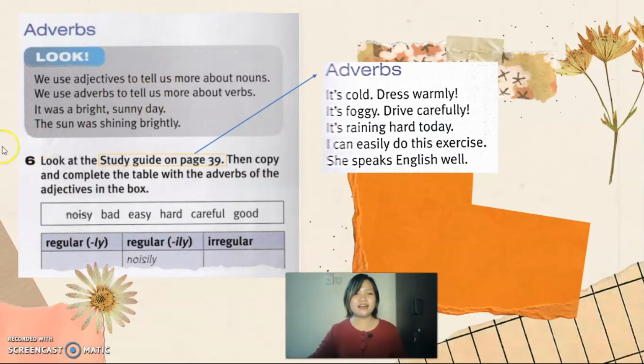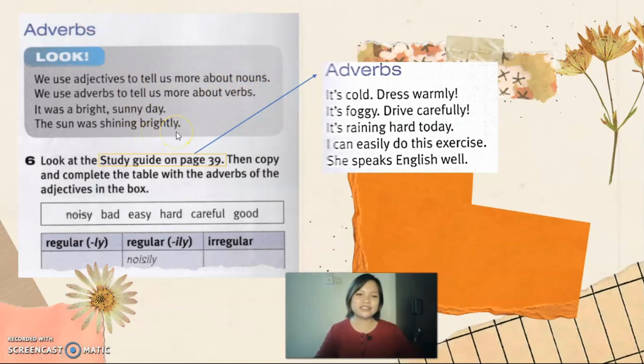And then the sun was shining brightly. Okay, was shining. So we are going to tell more about the sun, the shining sun. The verb was shining brightly. So the word before that is a verb, was shining. So we need to use an adverb to tell us more about the verb, which is was shining.